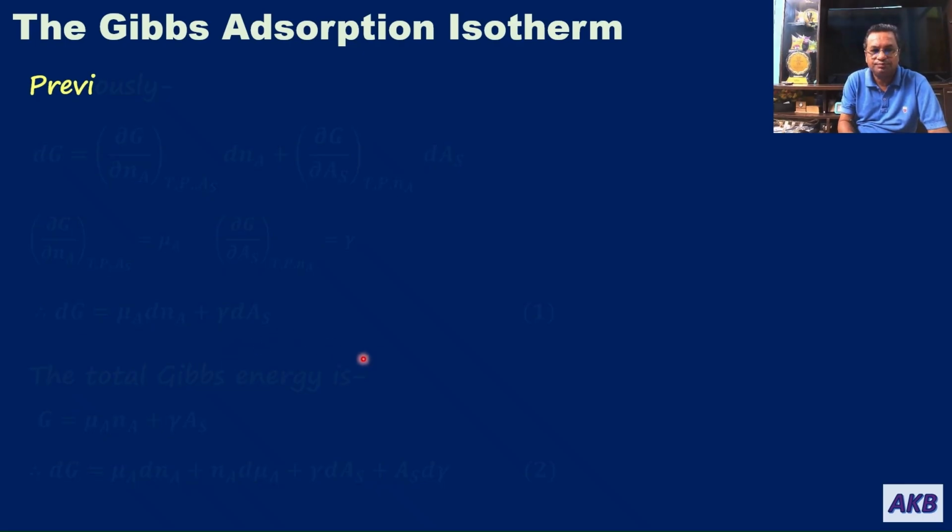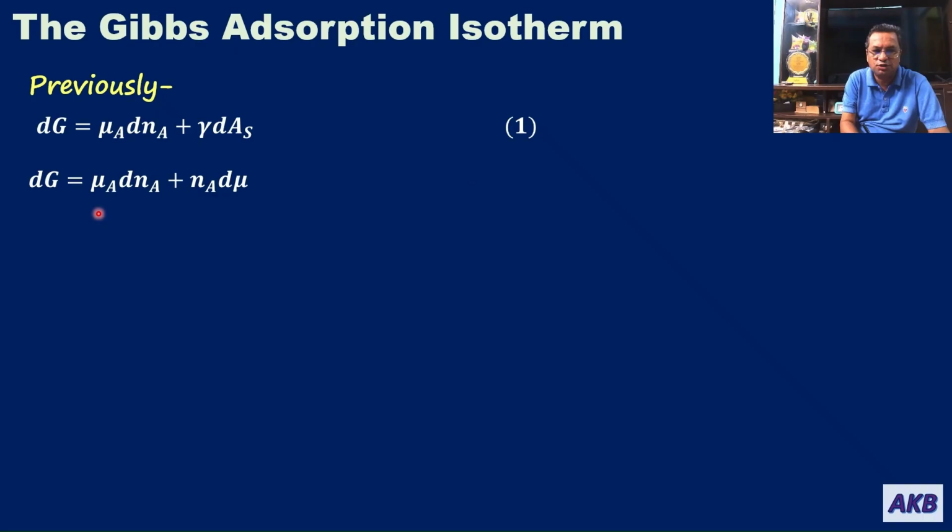So let us do that. Previously we got dG is equal to mu A into dnA plus gamma into dAs, equation number 1, and then dG is equal to mu A into dnA plus nA into d mu A plus gamma into dAs plus As into d gamma, the second equation that we got previously.